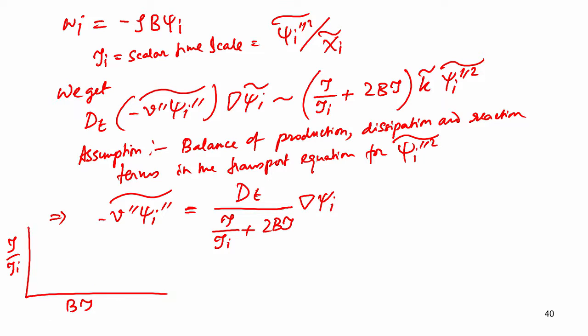Okay. So B is essentially coming from your reaction term, okay, and this is 2.0. So this is B tilde equal to 0. So let us see when the gradient transport assumption holds. The gradient transport assumption will hold when this is equal to 0 and this is equal to 1, or rather this is equal to 2, okay.